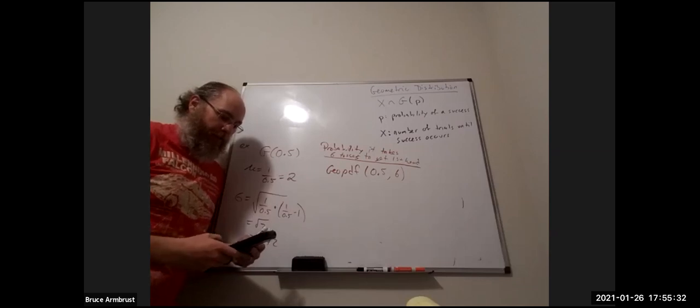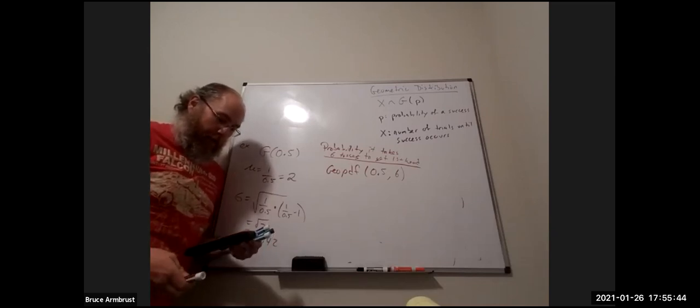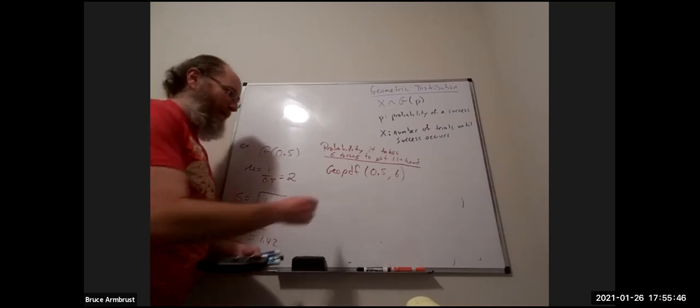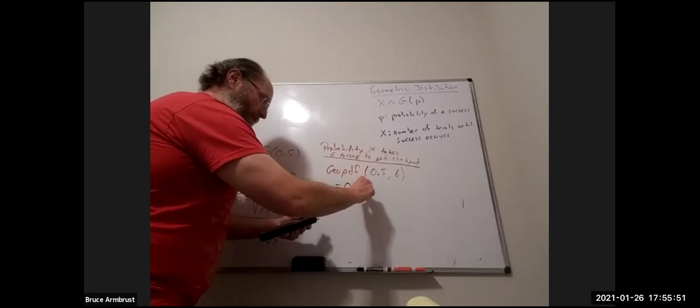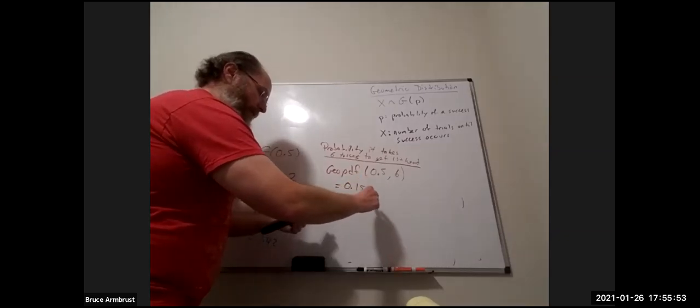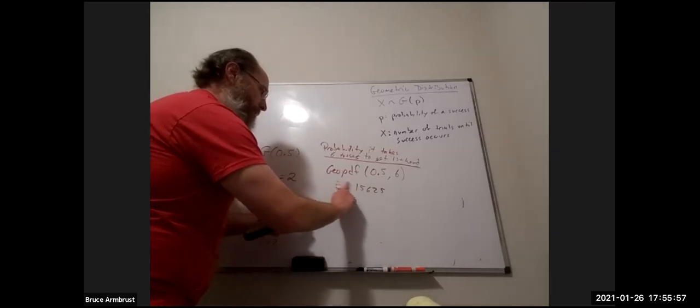All right, so let's go see what this happens to say. I'm going to do a geometric PDF. The probability of success was 0.5, and I want to know the probability that I have to go out to 6 trials. My calculator spits out, oh man, this is not very likely. 0.015625.